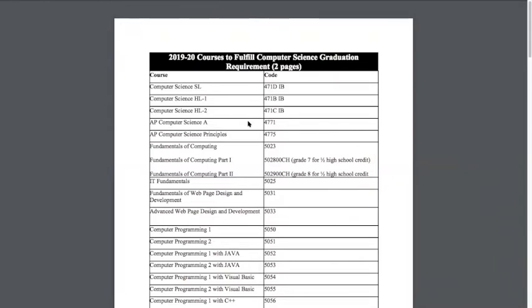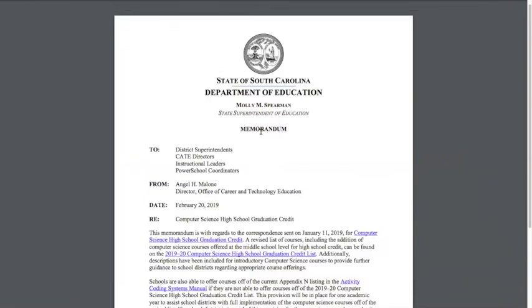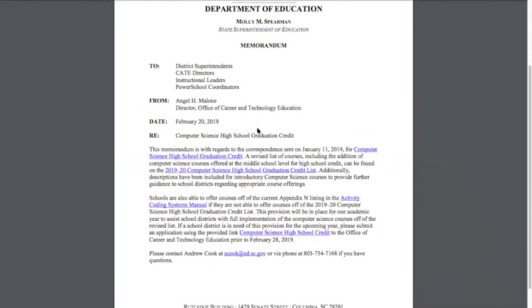This is not hosted on our website. There's just not an easy way to get to it yet because the memo has not yet been published on the State Department's website, but it will be coming. I asked again this morning. They're working on it.